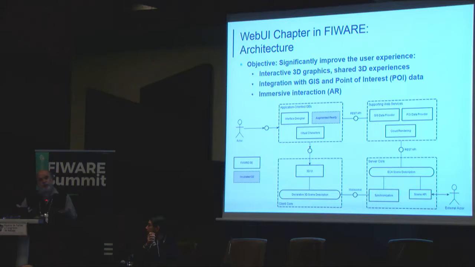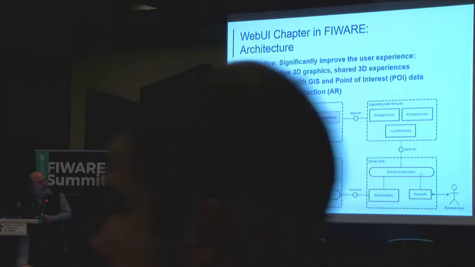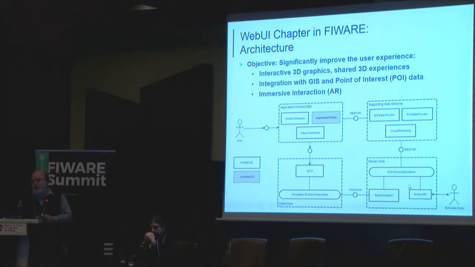In addition to the core functionality, there's a number of additional generic enablers in this chapter. Maybe quickly go through that. So we have the server core of the GEs, which is essentially synchronizing different 3D experiences.